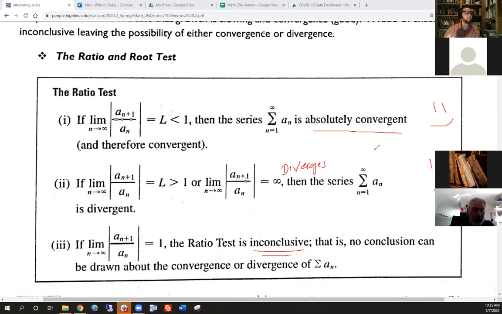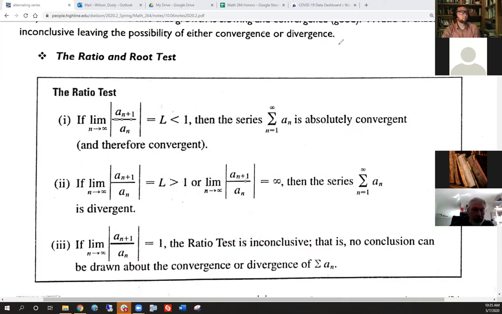Rather, I'm saying that the concepts or the conclusions kind of parallel. And so I think that the COVID example is a good way of remembering what's going on in the ratio test. Questions about this? Very good.